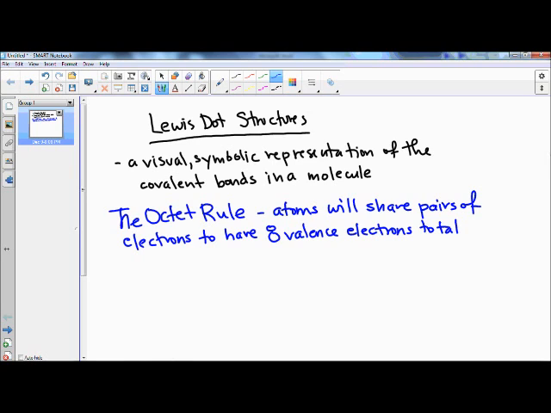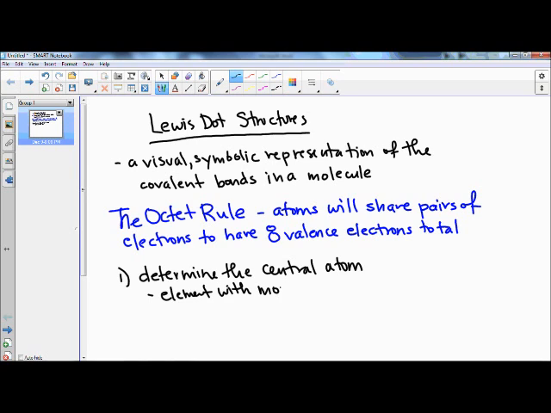You'll be given a chemical formula. So the first thing that you will do is you'll have to determine the central atom. The central atom will be the element with the most single dots on their Lewis dot symbol.